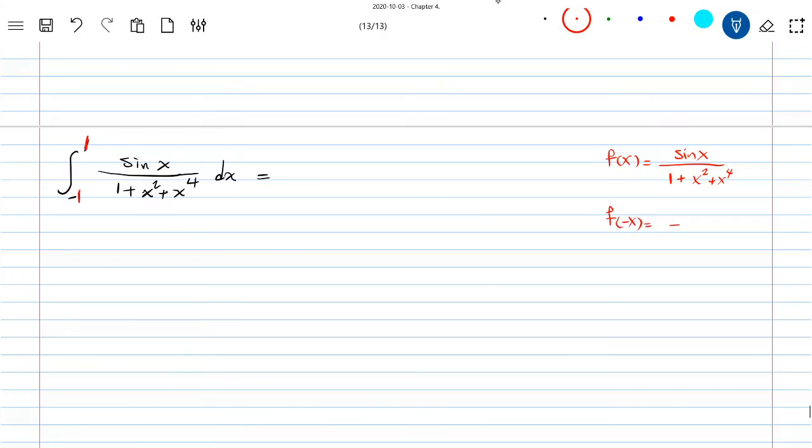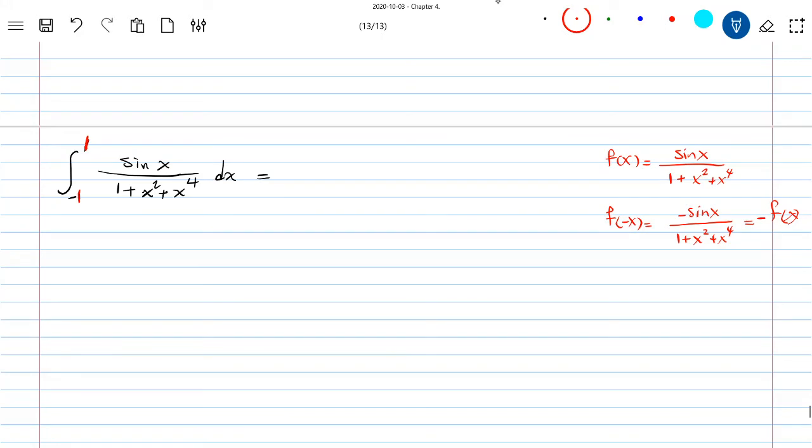We can evaluate f of -x, and you'll get negative sine x divided by 1 plus x squared plus x to the 4th. By replacing negative, these become the same thing. Sine of -x is negative sine of x. So you notice that this is the same as negative f of x, which means the function itself is an odd function.